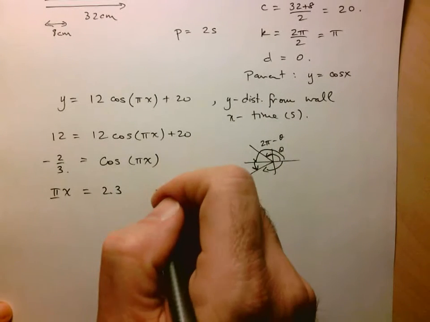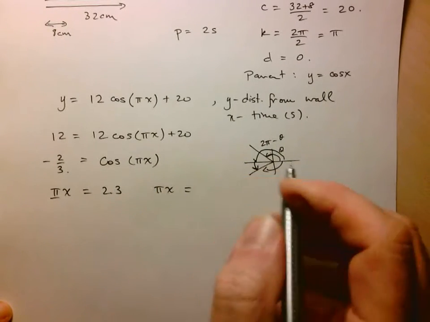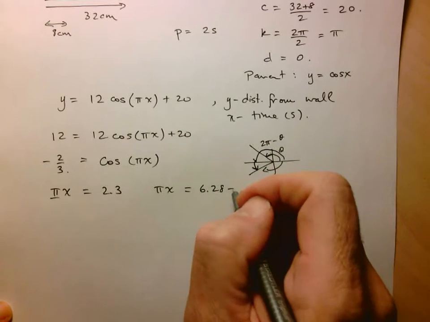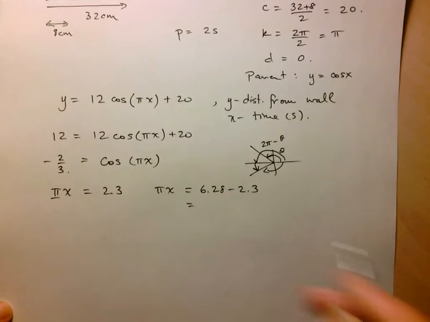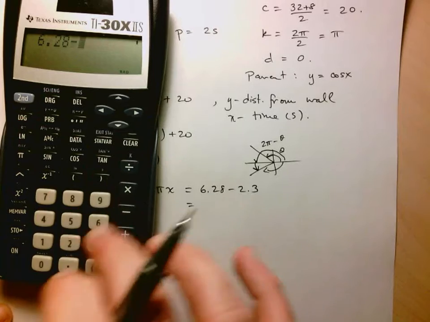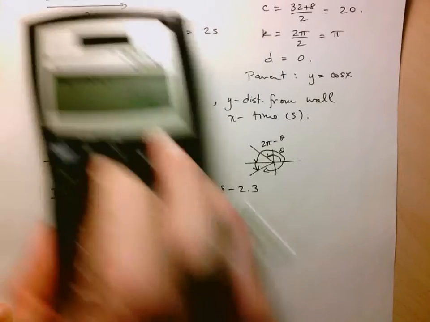But I also know that pi x can be equal to 2 pi, which I'll estimate as 6.28, minus 2.3. 6.28 minus 2.3 gives us 3.98.